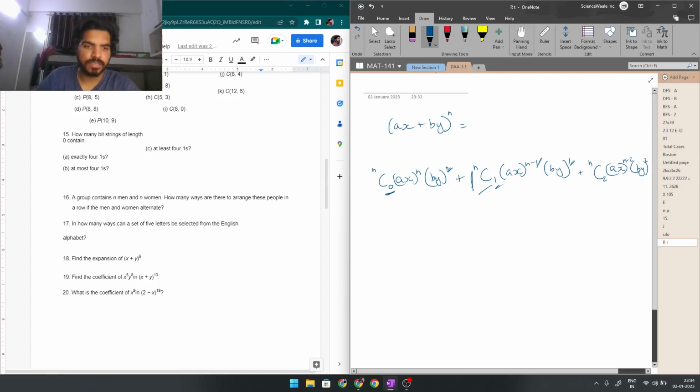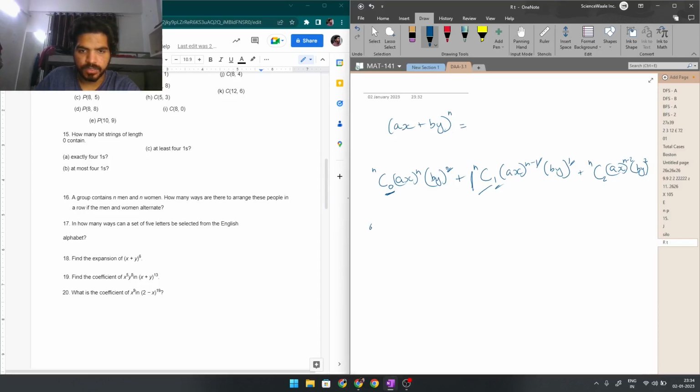We will expand it. For this question, it is 6C0 x to the power 6 plus 6C1 x to the power 5 y plus 6C2 x to the power 4 y squared plus 6C3 x to the power 3 y to the power 3, and so on.